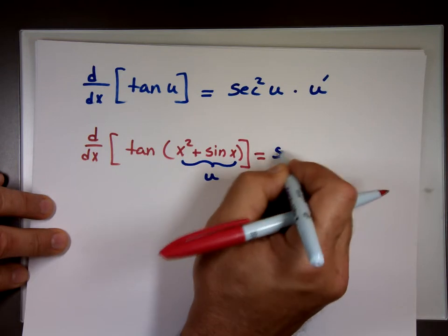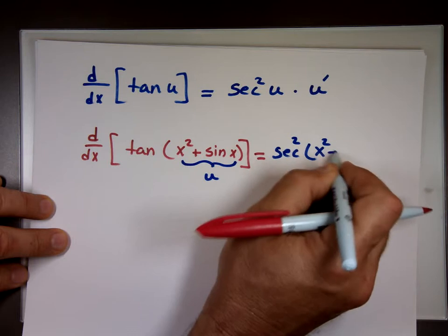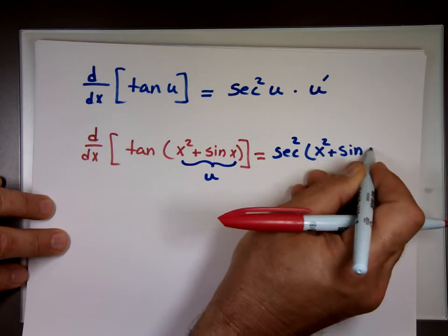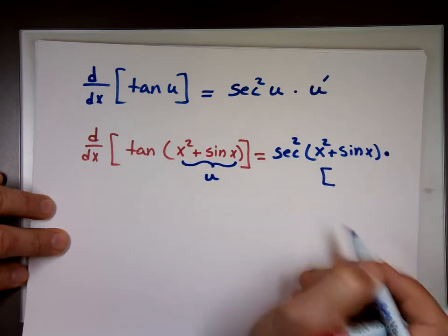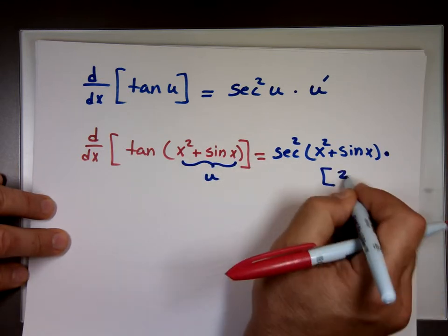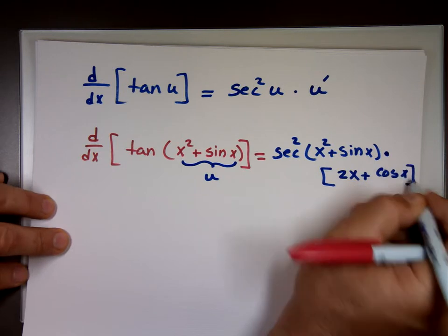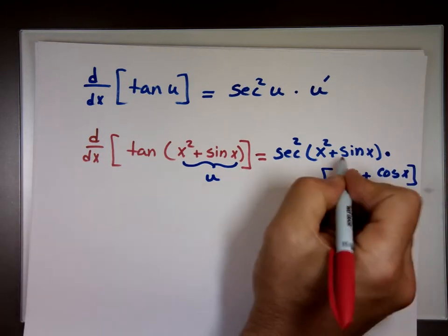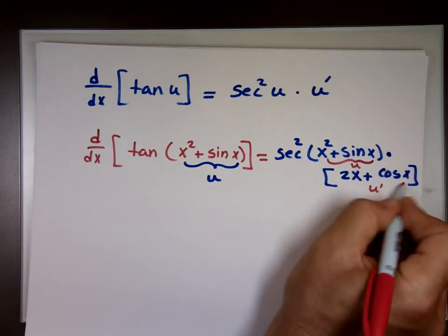So it's going to be secant squared of x squared plus sine of x times the derivative of what's on the inside, u sub prime, which is what? 2x plus cosine x. This is u here, and this is u sub prime.